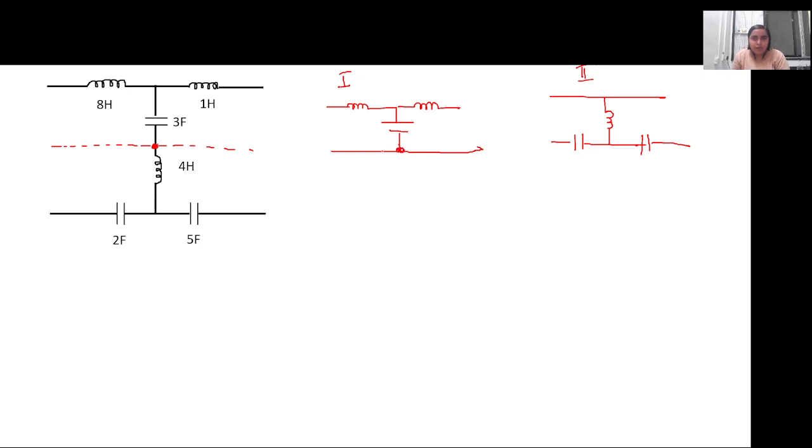So this point and this point are connected in series and we end up with this circuit. Everyone agrees network 1 plus network 2 gives back this network. Do you follow this?